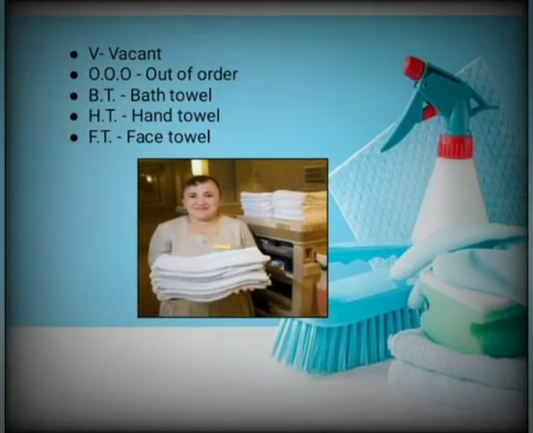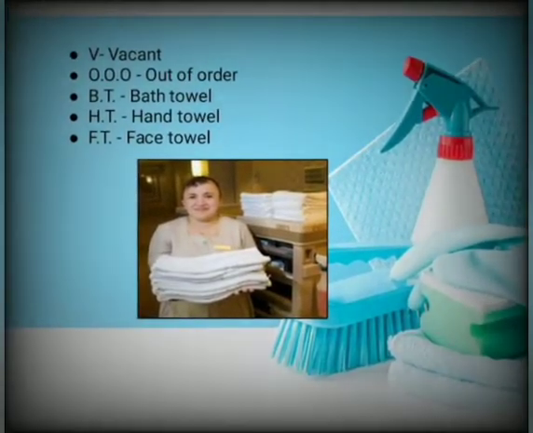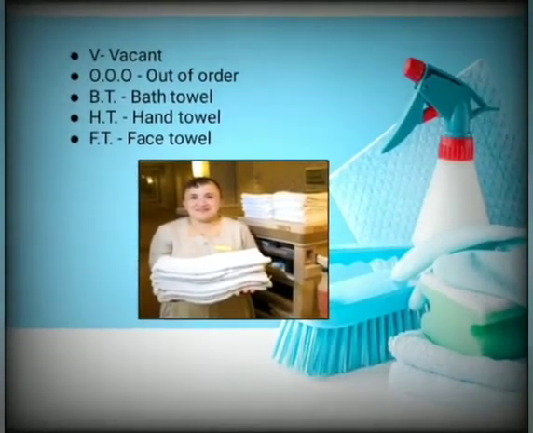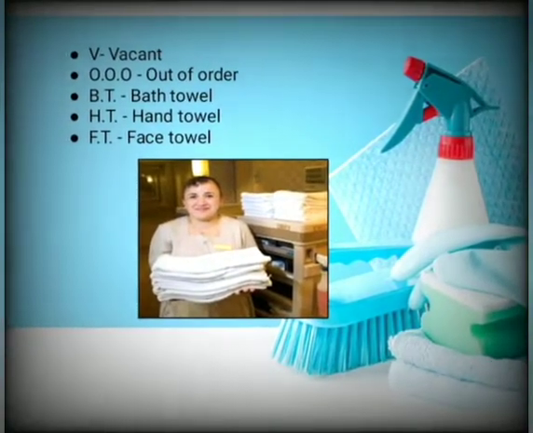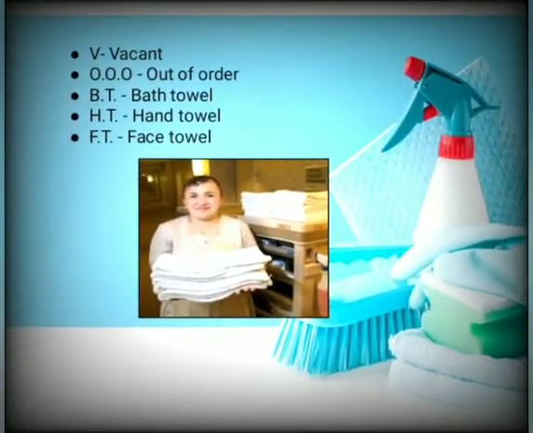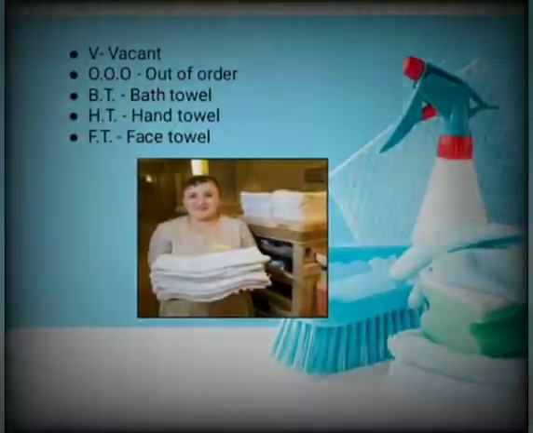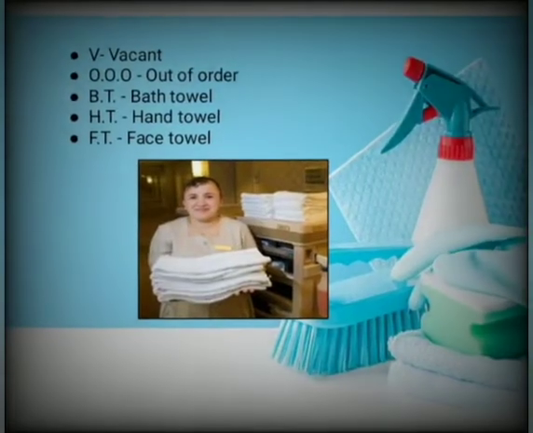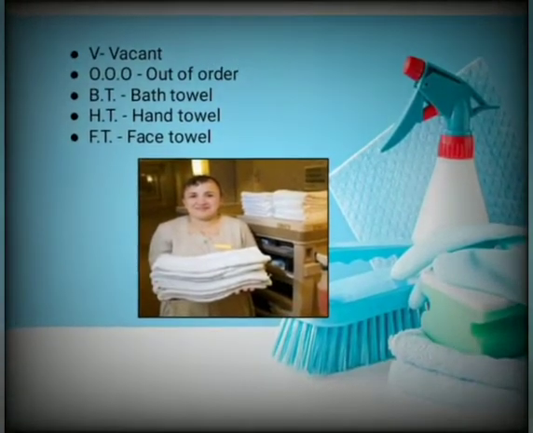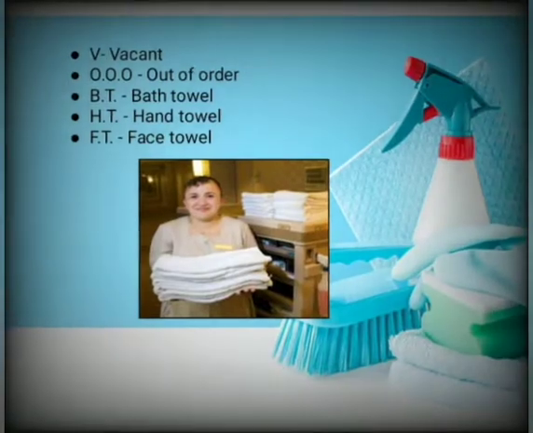This is the status of guest rooms that are not rentable because they are being repaired or decorated. BT stands for bath towel, HT for hand towel, and FT for face towel. These three things are very important before the guest or client checks in to the establishment or hotel.